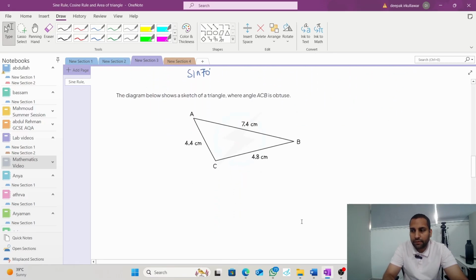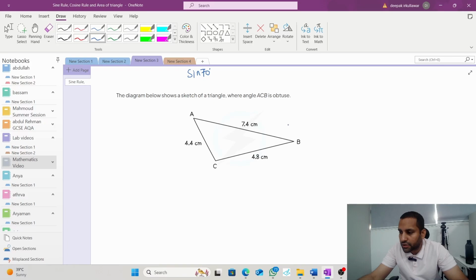Suppose you are given something like this. The diagram below shows a sketch of a triangle where angle ABC is obtuse. Now what are they asking?